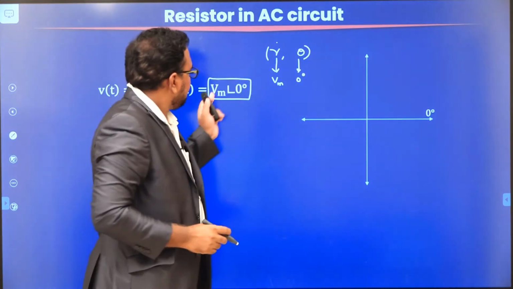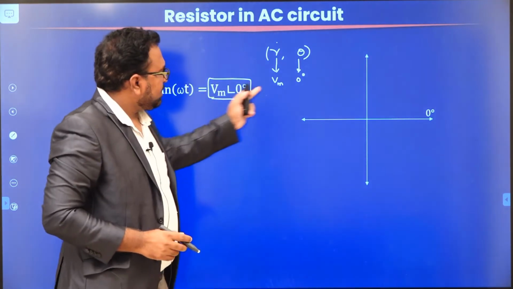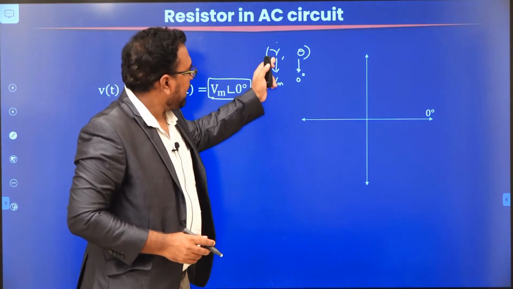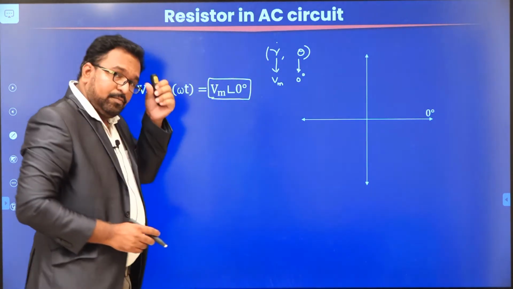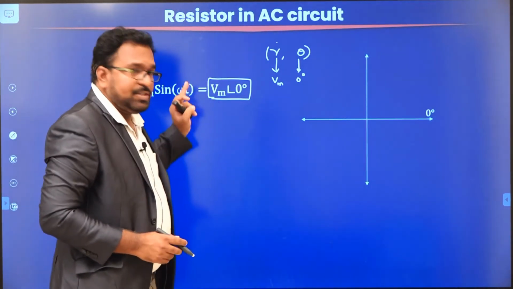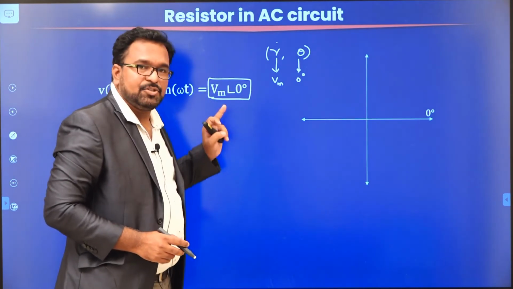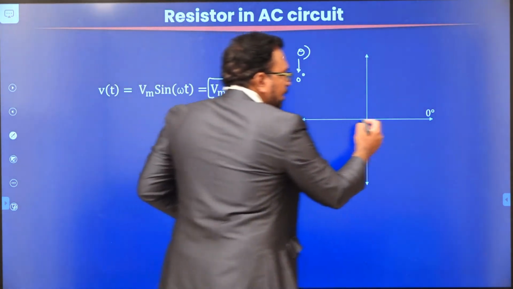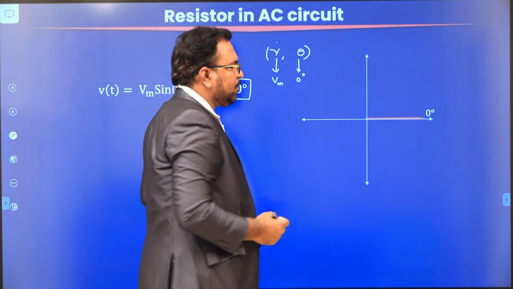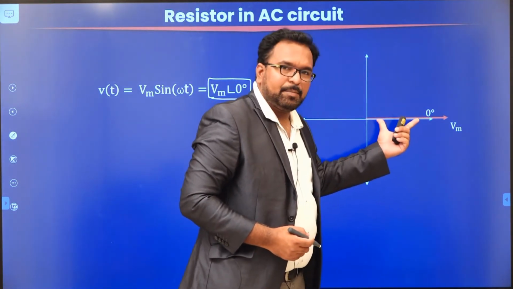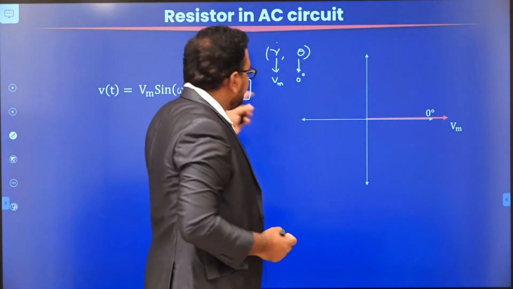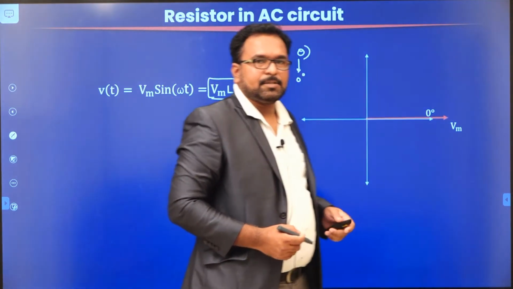In the case of this sinusoidal waveform, we have considered the magnitude as Vm and the phase angle as 0 degrees. 0 degrees means along the x-axis. How will you represent that vector? Like this. The length of the vector represents the magnitude. Since the angle is 0 degrees, we have represented it along the x-axis.